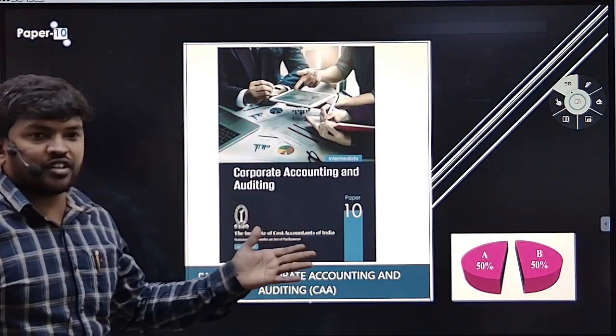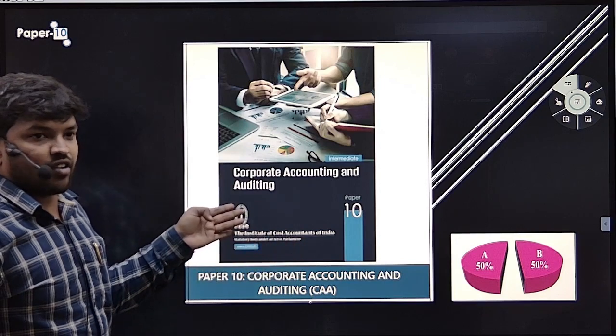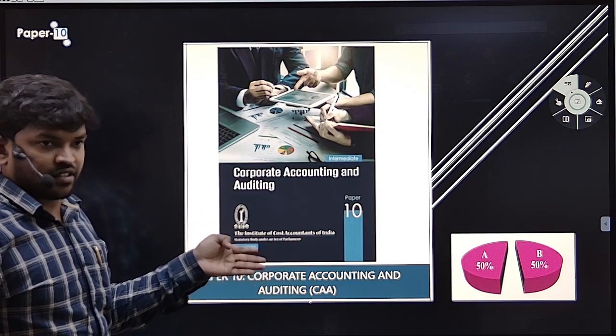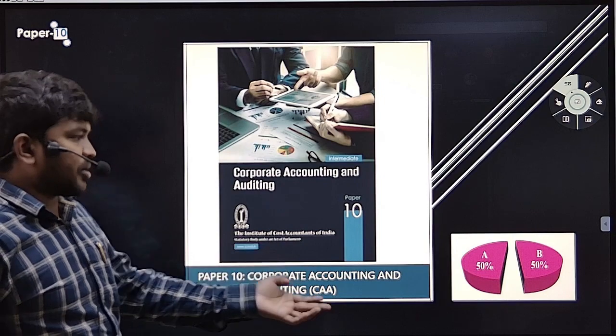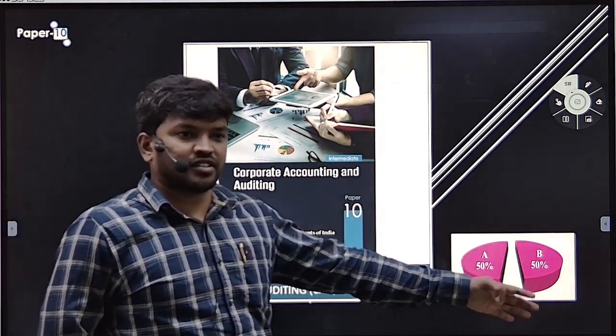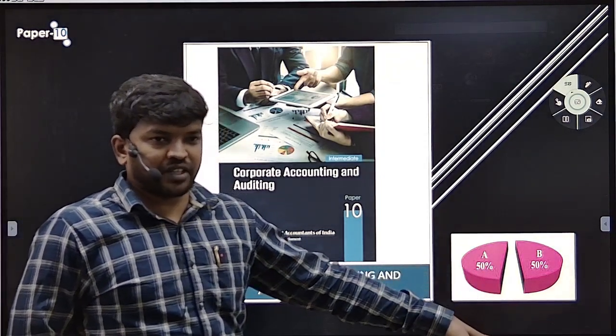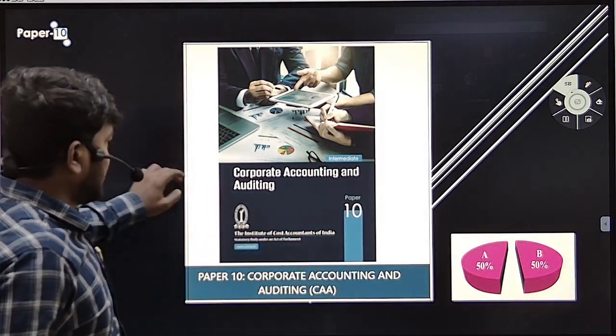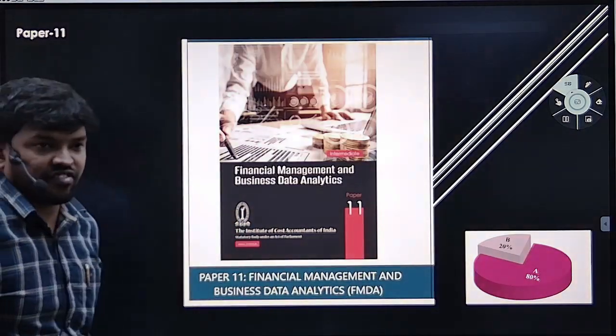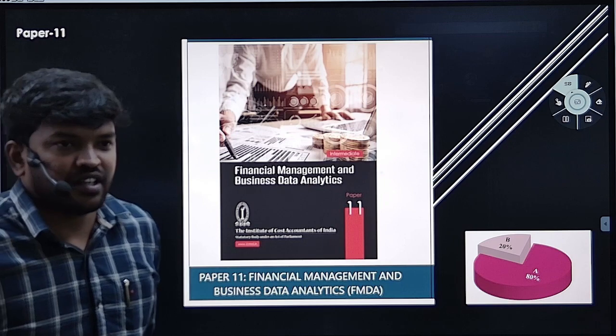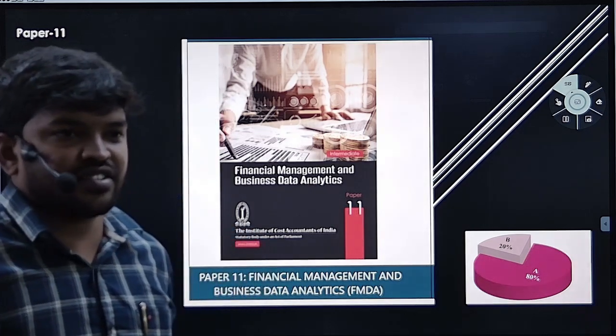Paper number 10, corporate accounting and auditing. Corporate accounting is for 50 marks. Auditing is for 50 marks. Then we have financial management and business data analytics.